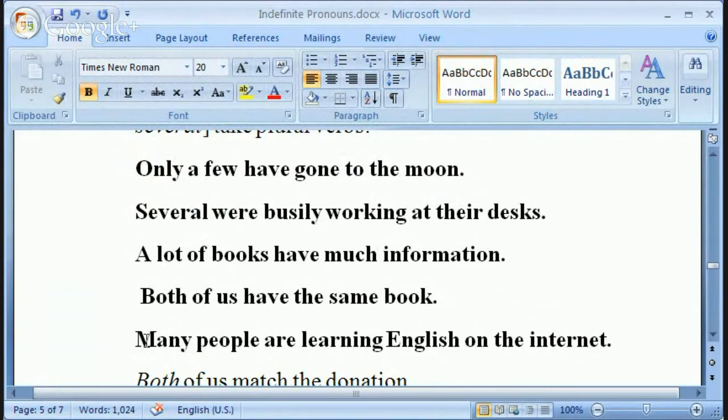You have a quantifier. You have "many" in front of "people." Many describes the people. People is the actual noun. There's nothing wrong with your sentence.